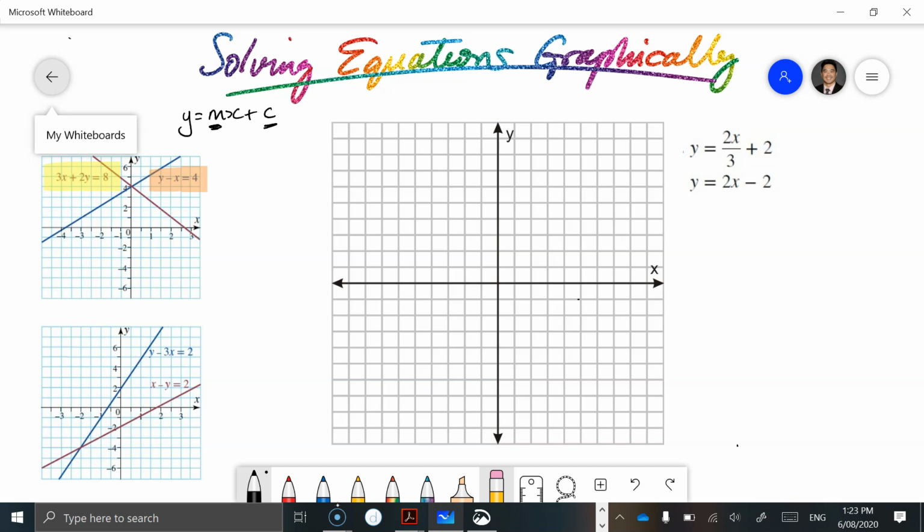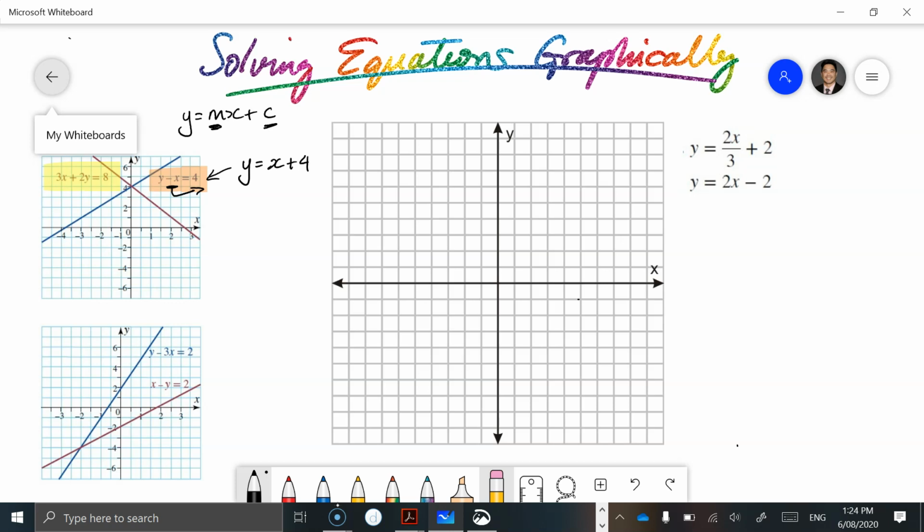For example, this one, we can still have y is equal to, and that negative x we will move to the right hand side of the equation by adding x to both sides, so keeping things balanced. So we will have a positive x plus 4. Still the same thing, we've just rearranged it so it fits the same structure of our linear equation. We have our gradient as 1 and we have our y-intercept as 4.